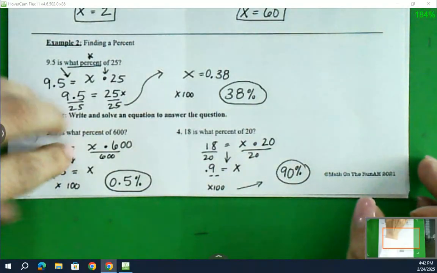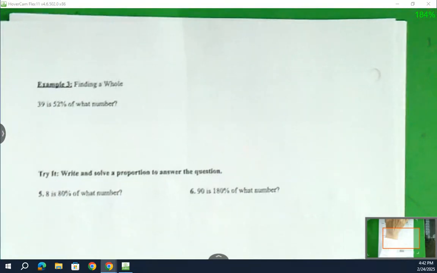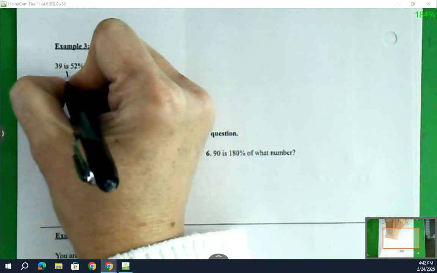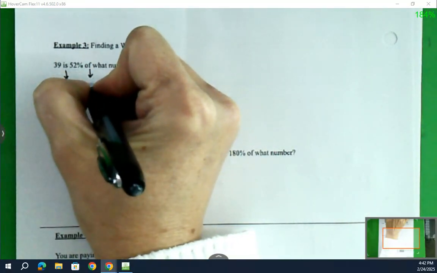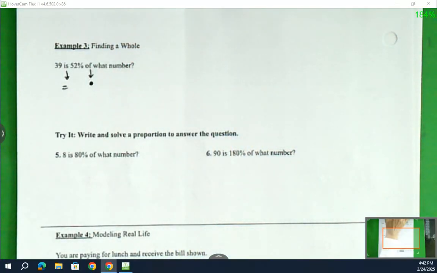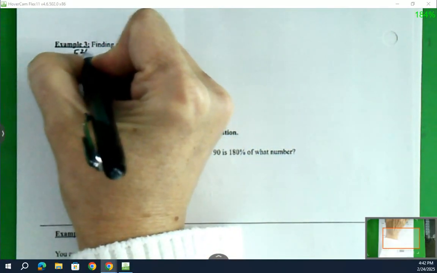Okay, let's turn it over to the next side here. What if we're trying to find the whole amount? In example number 3, it's the same steps here. Is always going to be our equal sign, of will be our multiplication, but because we have a percent here, we're going to have to change that to a decimal. So 52 divided by 100.